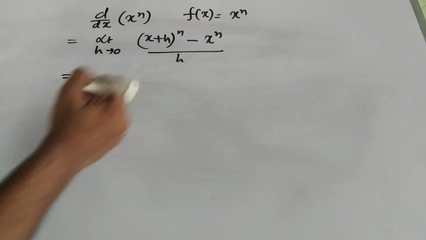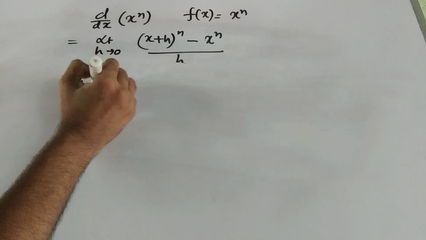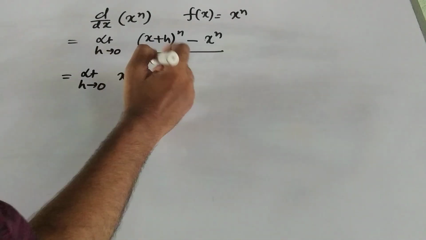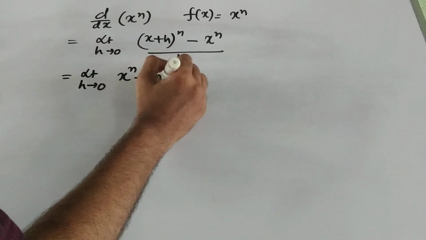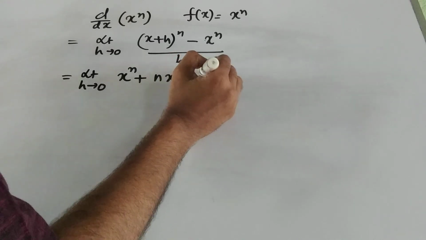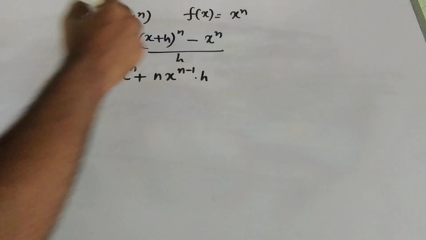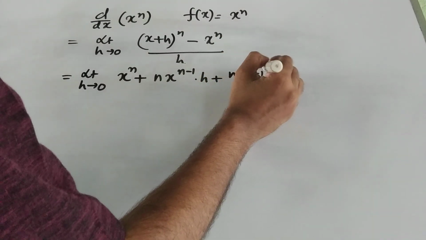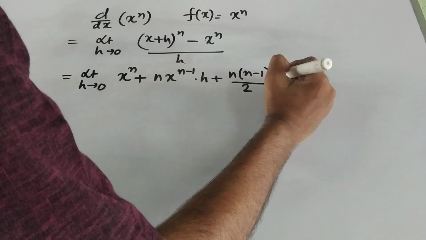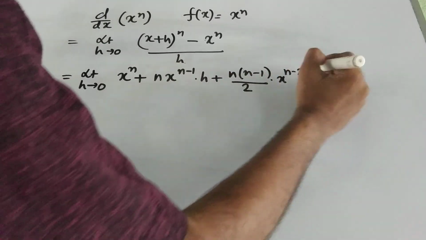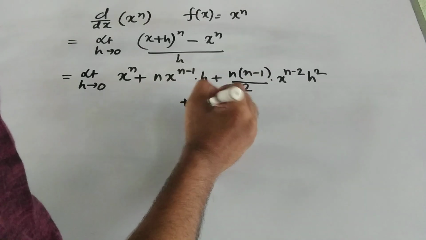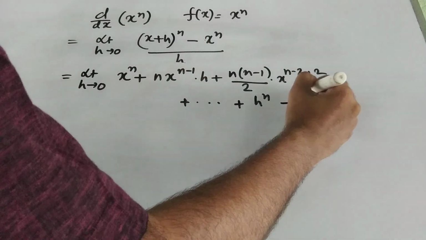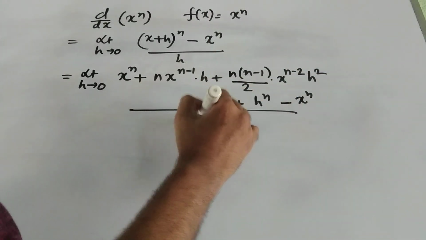Here the expression will be limit h tends to 0 of x to the power n, I am expanding it once again, plus n into x to the power n minus 1 into h, that is, x plus h whole to the power n is expanded this way, plus n into n minus 1 by 2 into x to the power n minus 2 into h square, plus so on, plus h to the power n, minus the last one, that is x to the power n, whole divided by h.